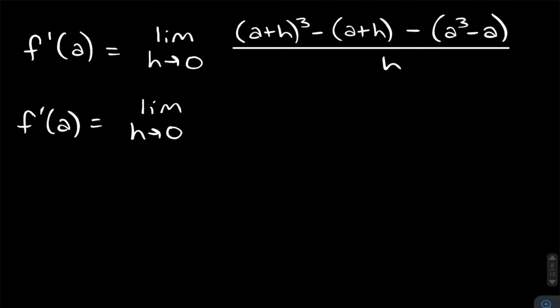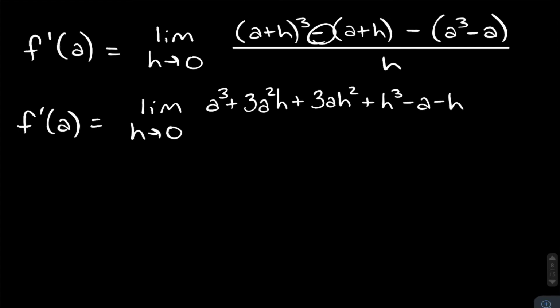It's something I didn't have committed to memory for a very long time, but it's really useful because then you don't have to expand something twice. a plus h cubed is going to be a cubed plus 3a squared h plus 3ah squared plus h cubed.